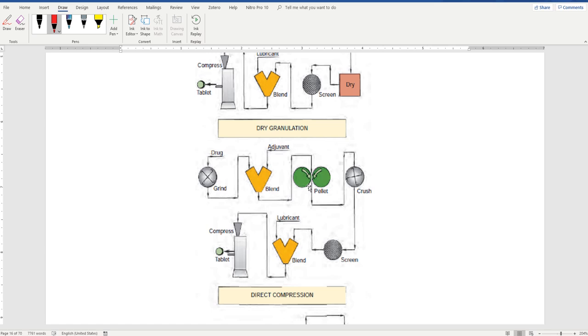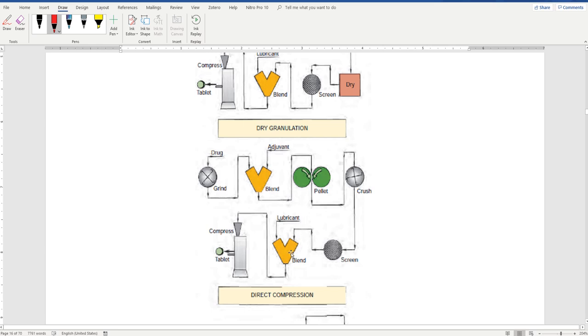So by compression in this step, I can enlarge the powder that I have into big pieces, whether slugs or compacted sheets, but then I need to crush them, and then I need to control the size of the granules through sieving.